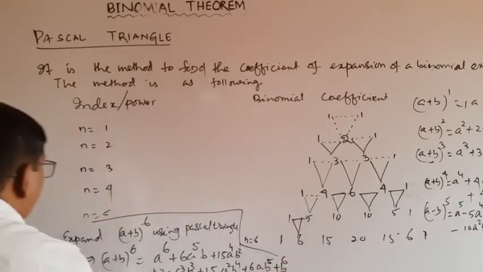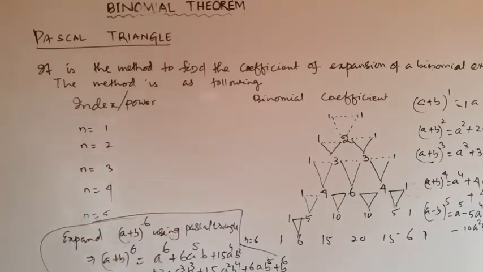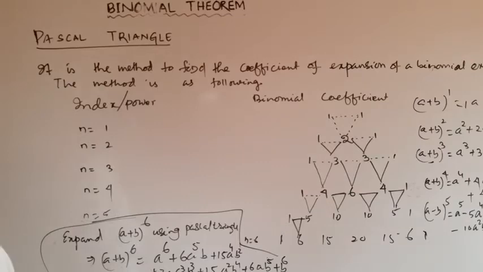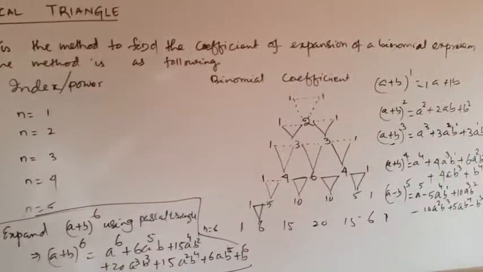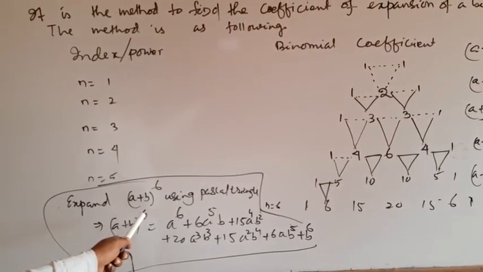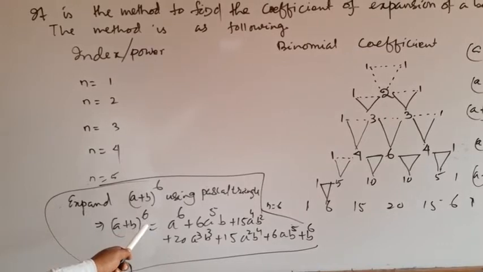This is the expansion of (a plus b) whole to the power 6 using Pascal triangle.